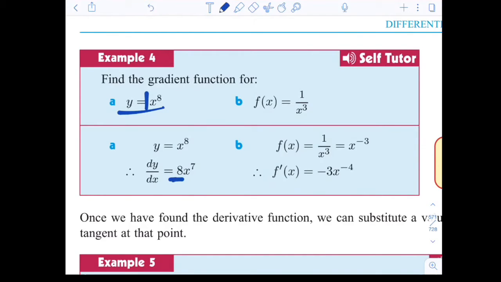And I subtract 1 from the exponent, and that's where we get that 7 from. We get 8x to the power of 7. So if we graph this thing, x to the power of 8 looks something like this. I can choose any value of x and substitute it in to find out the slope anywhere along that graph.